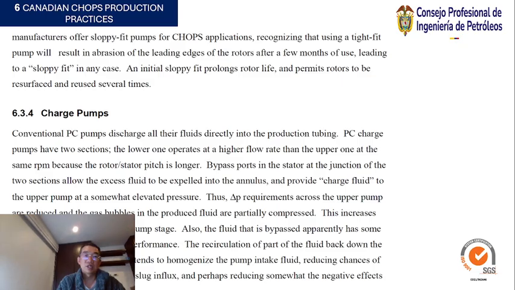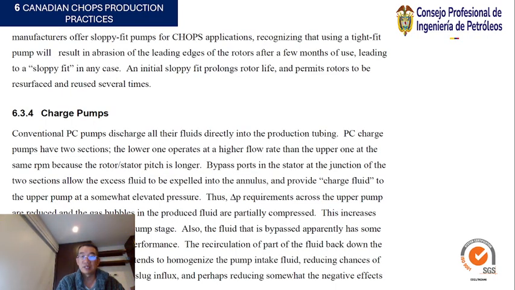6.3.4 Charge pump. Conventional PC pumps discharged all their fluid directly into the production tubing. PC charge pumps have two sections. The lower one operates at a higher flow rate than the upper one at the same RPM because the rotor stator pitch is longer.